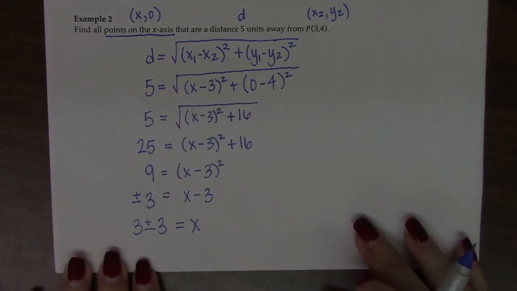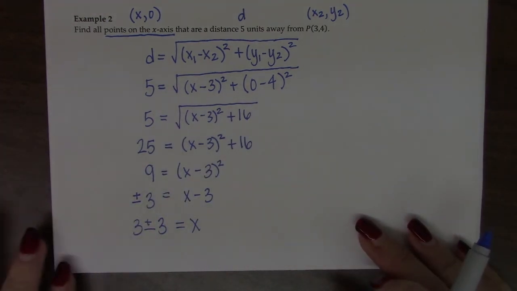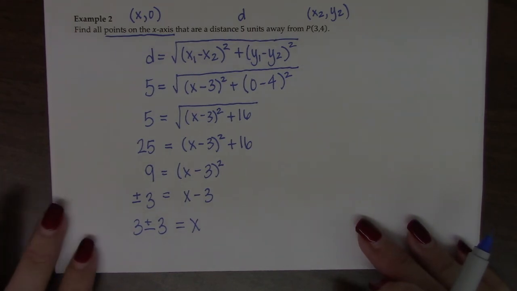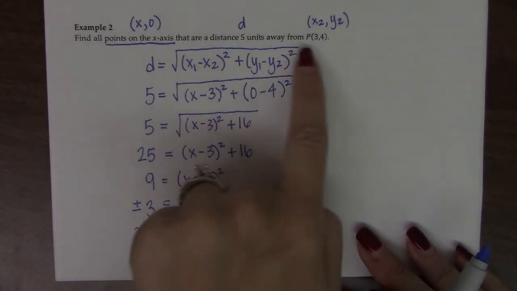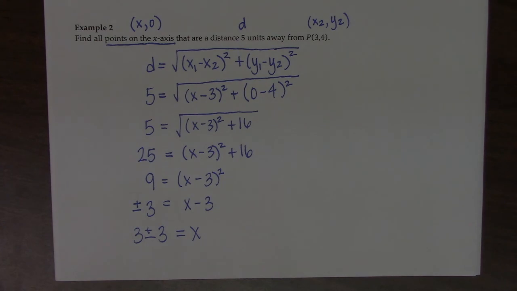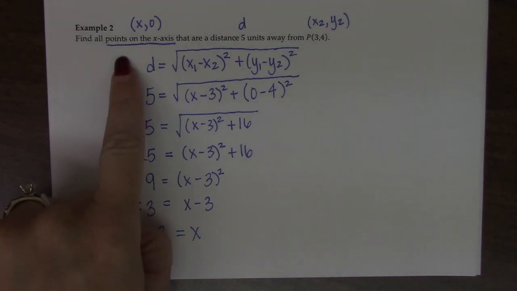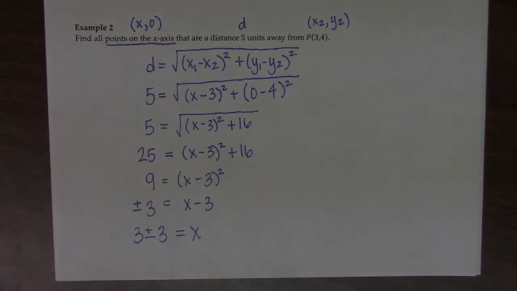And there's x. Now, when you get to this point of the problem and you think that you might be done, you always want to go back and reread the instructions, because a really common mistake that students make on exams is they do the underlying math calculations, but they didn't really read the problem and give the answer in the format they were supposed to. So this says find all the points. So we actually expect you to give us a point or a location on the xy plane.